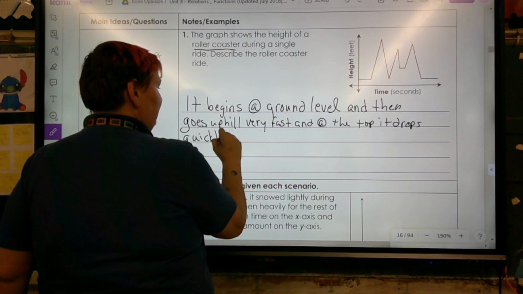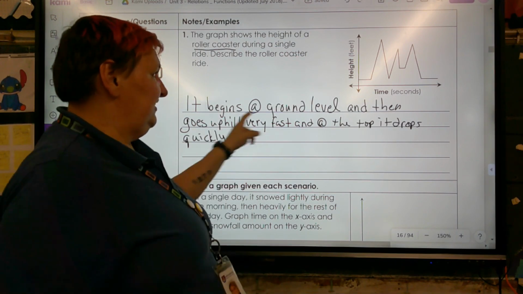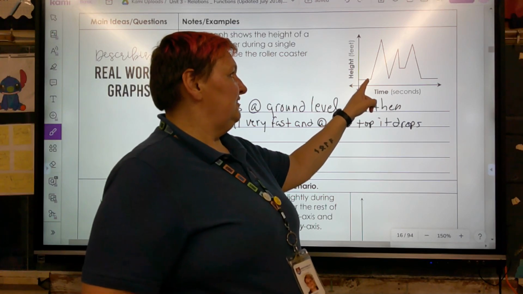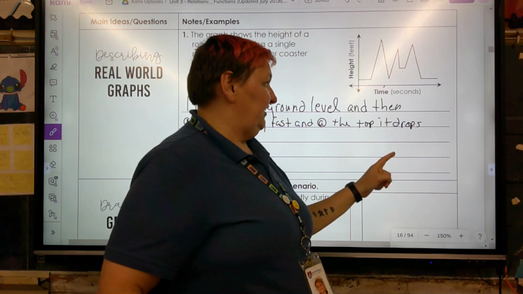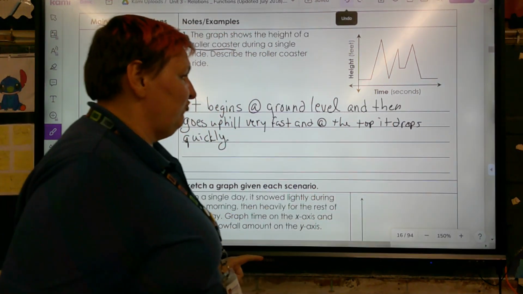So far, it begins at the ground level and it increases and then drops really quickly. That's what it's done so far.